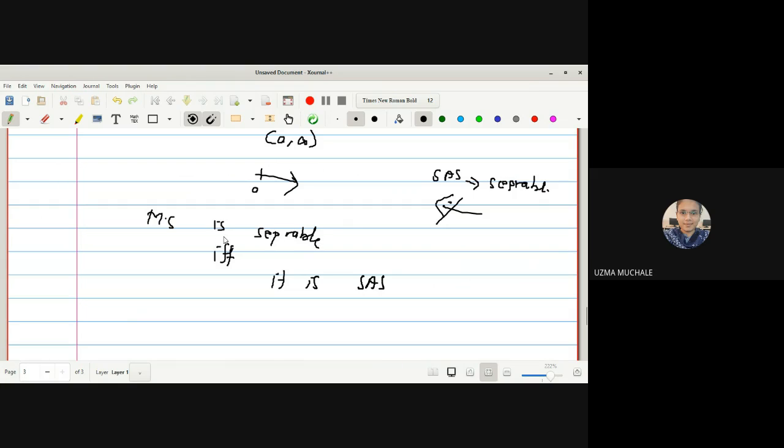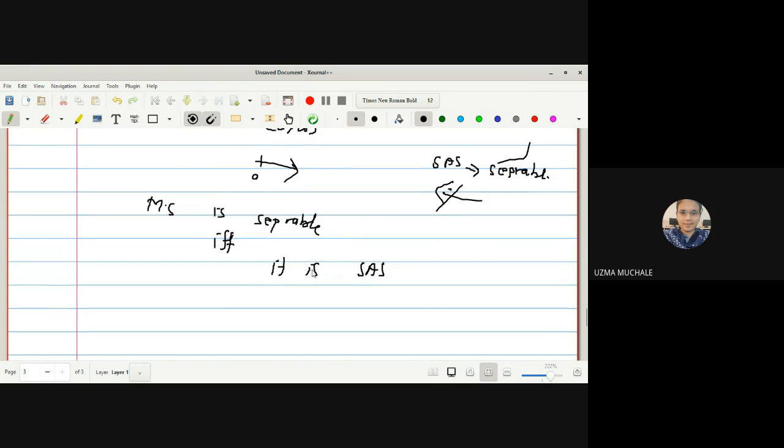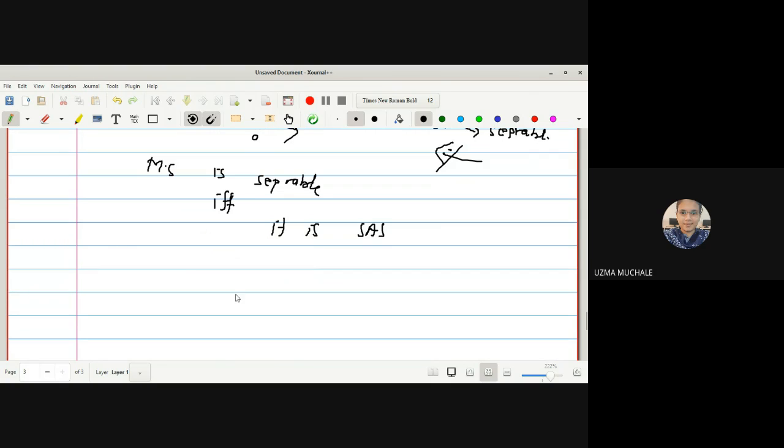And separable space is not hereditary. This is very important for you, because closed hereditary we have seen, hereditary we have seen, but separable space is not a hereditary property.